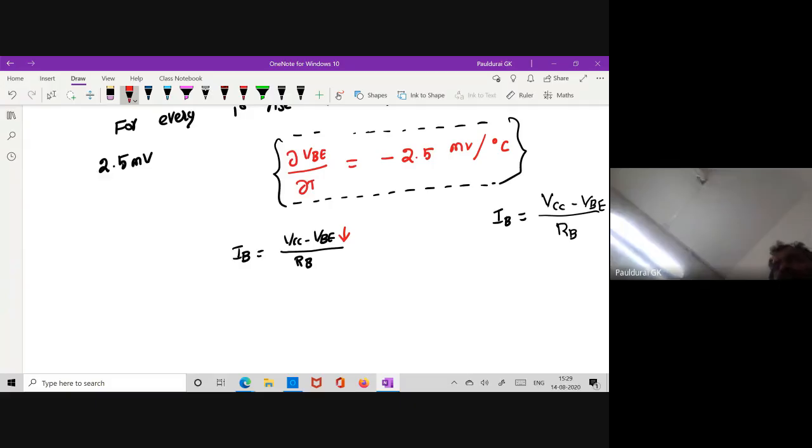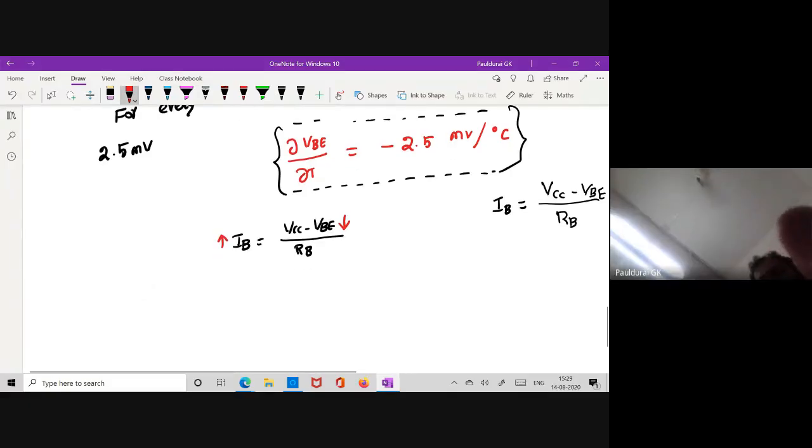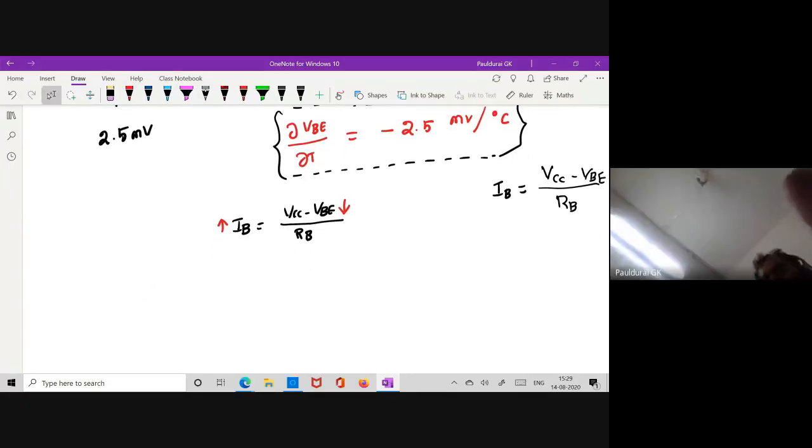Does IB decrease or increase? Actually, this is a subtraction, so when VBE decreases, IB increases. If IB increases, what will happen to IC? We know IC equals beta times IB plus (1 plus beta) times ICO.